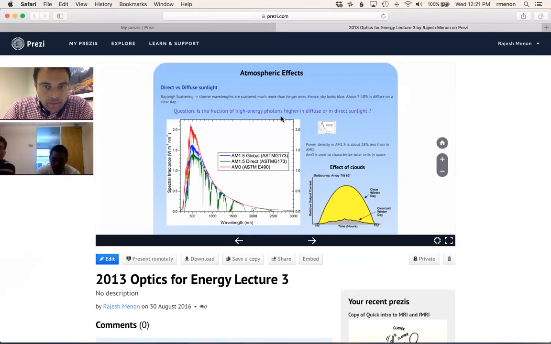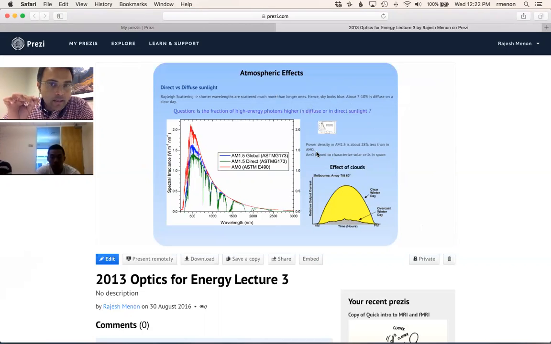So the answer is basically in the fact that diffuse light is comprised of the scattered light. And in diffuse sunlight, the short wavelengths are scattered, so they comprise more of the diffuse. So the diffuse light is bluer than direct light. So the diffuse light really has more high energy photons than direct light.